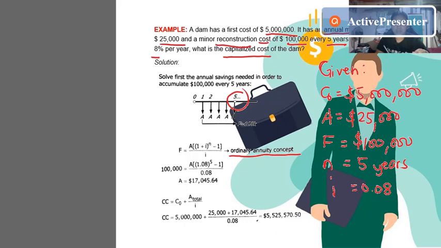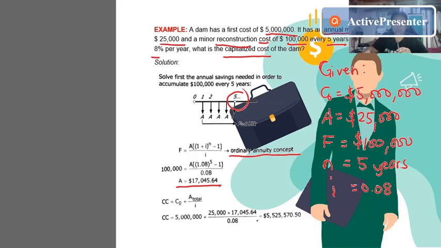This A total includes the A, the annuity from the ordinary annuity concept that we solved earlier, plus the given annual maintenance cost in the problem.